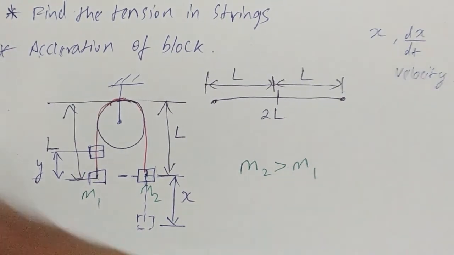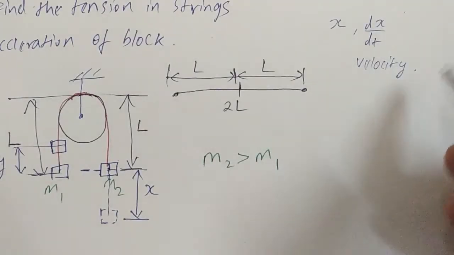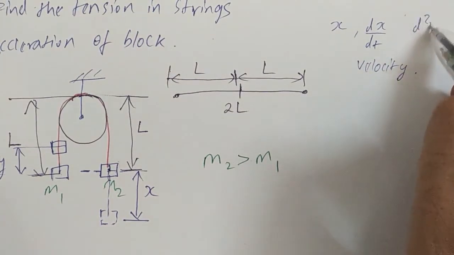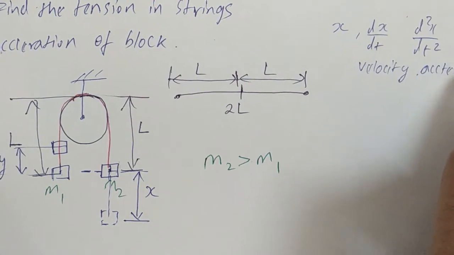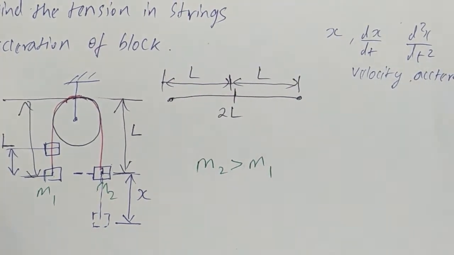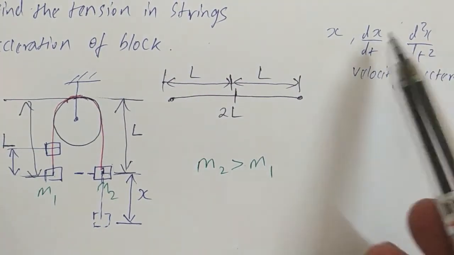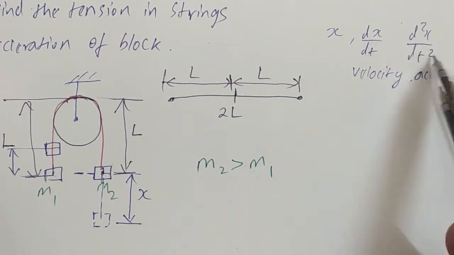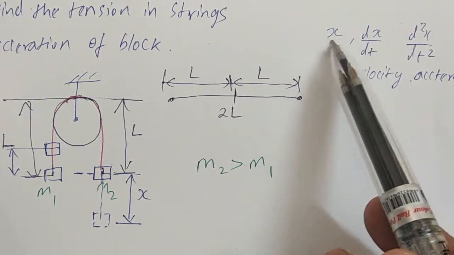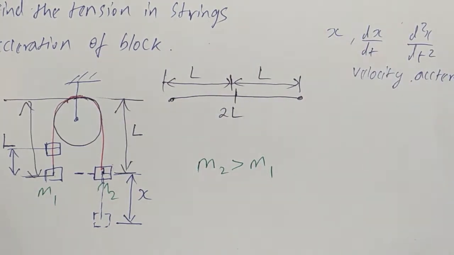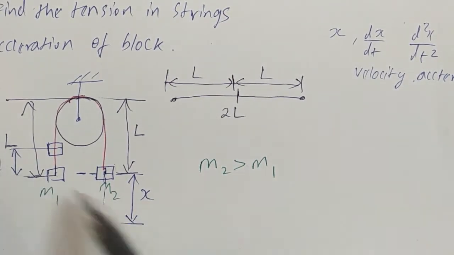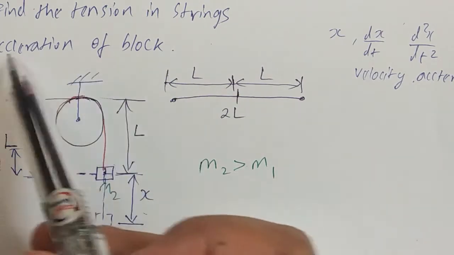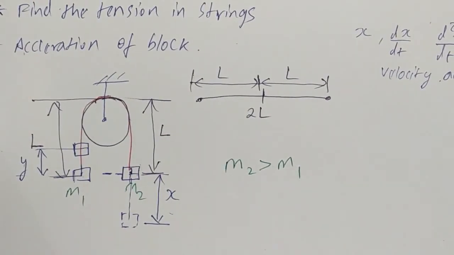And if you again differentiate this velocity, then it is nothing but the acceleration. The rate of change of distance is the velocity and the rate of change of velocity is the acceleration. We know that. So that is the reason why we need to determine the relationship between these two distances, so that we can determine the acceleration of the block.